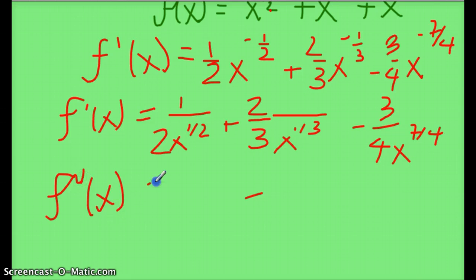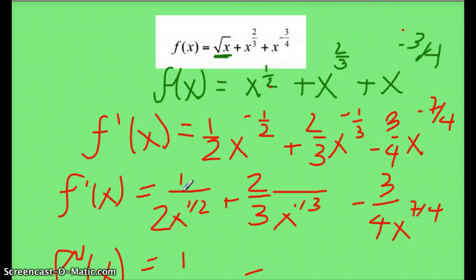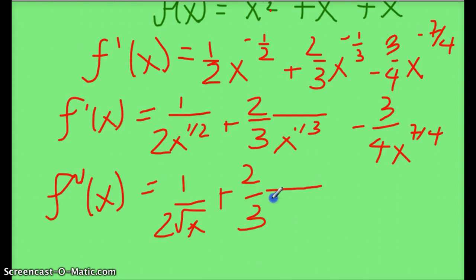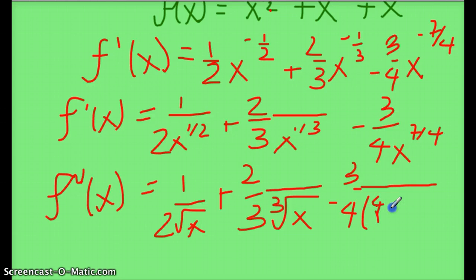That's f prime of x, is equal to 1 over 2 radical x plus 2 over 3 cube root of x minus 3 over 4 times the 4th root of x to the 7th power.